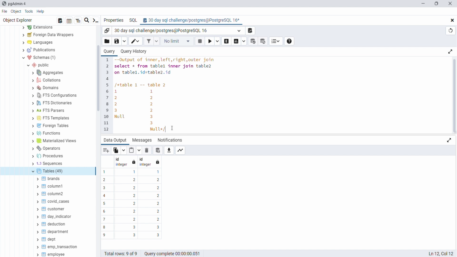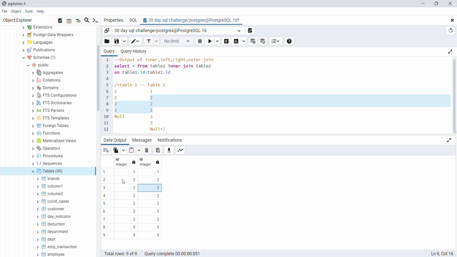I have also written the table 1 and table 2 here so that it will be good for you to compare the result. So here what is happening is that, as we know, for the inner join, the common values in both the tables are getting joined. So this one is getting joined with this one, and here there are two twos, but 2 is appearing thrice in the table 2. So this 2 from the table 1 will get joined with all the 2's in the table 2.